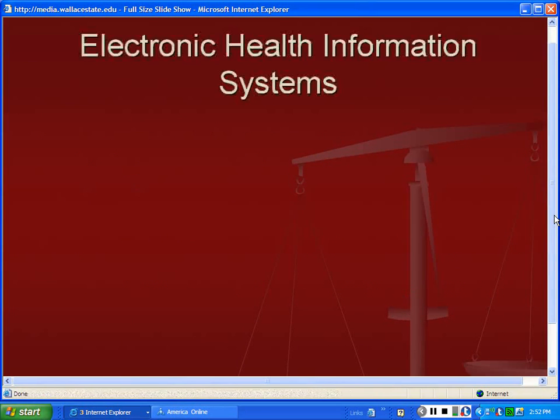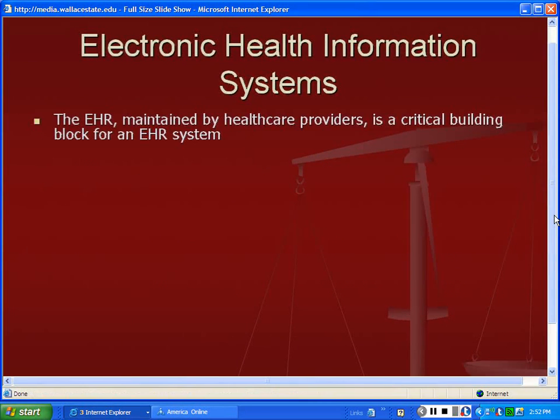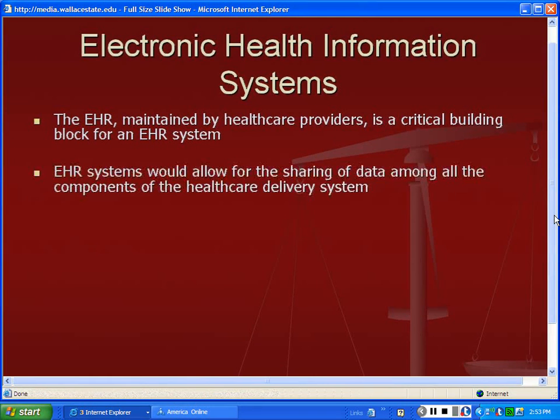Now, electronic health information systems. These electronic health records maintained by healthcare providers, or the electronic health record, is a critical building block for an EHR system. And what I mean by a system, it's not just having an electronic health record, but being able to share that data among all the components of the healthcare delivery system. In HIT 153, we talked about all the components of a healthcare delivery system.